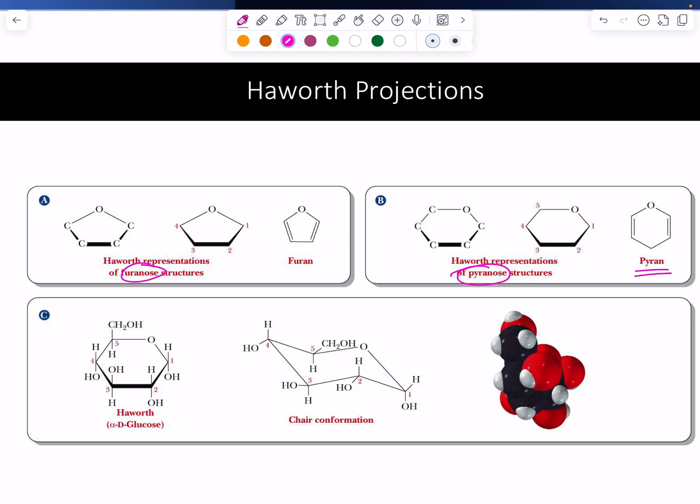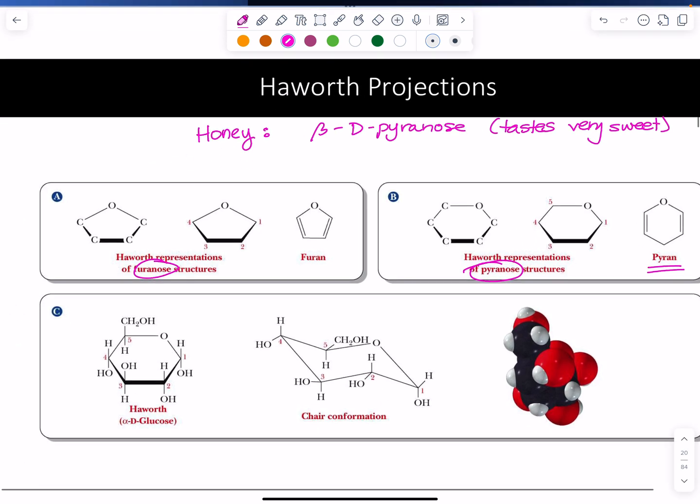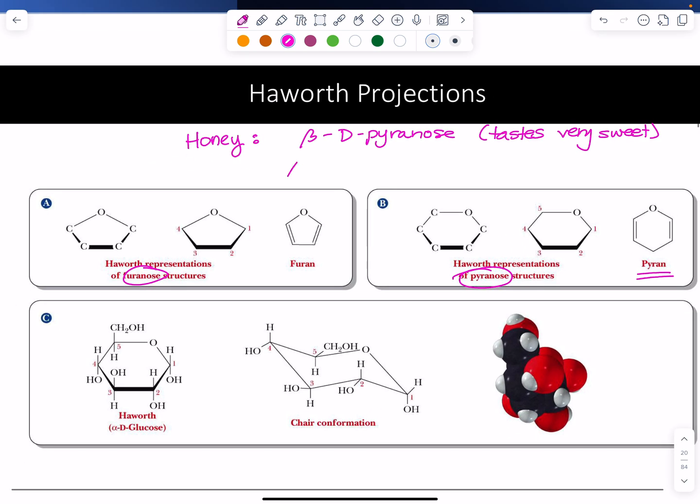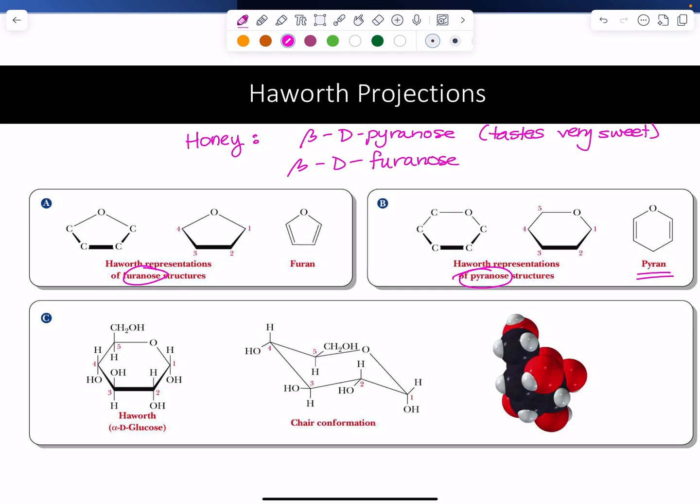So honey has 2 forms, our beta-D-pyranose form, and that's the form that tastes very sweet. But when you heat it up, it affects the equilibrium of that ring opening, and so what happens is the beta-D-furanose form tastes less sweet, and it's favored at higher temperatures.